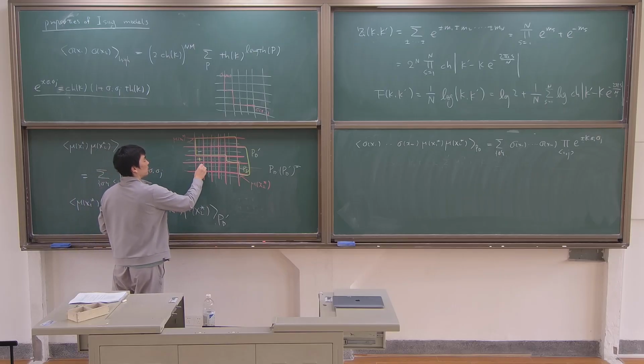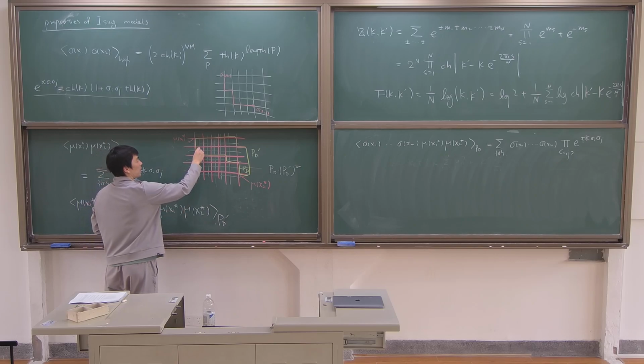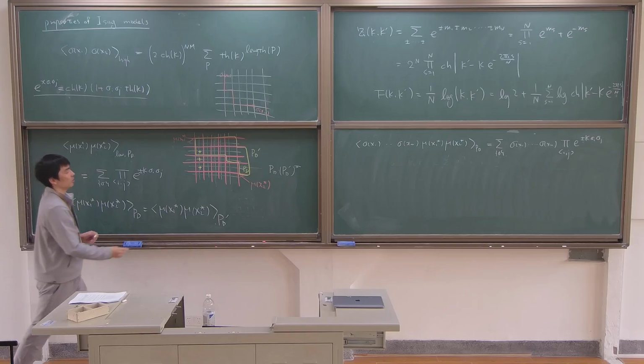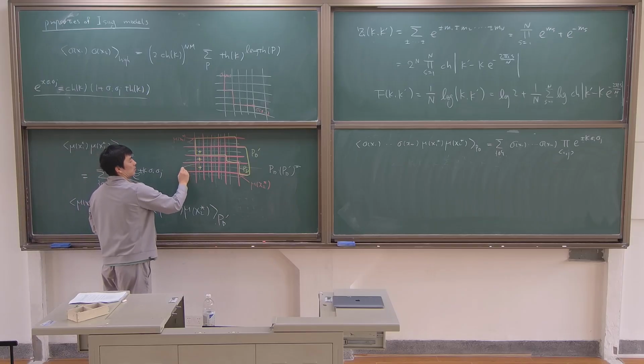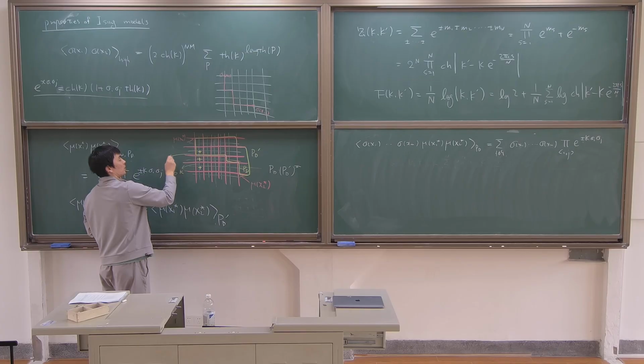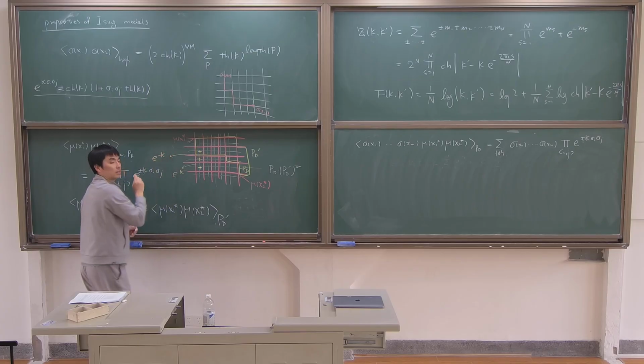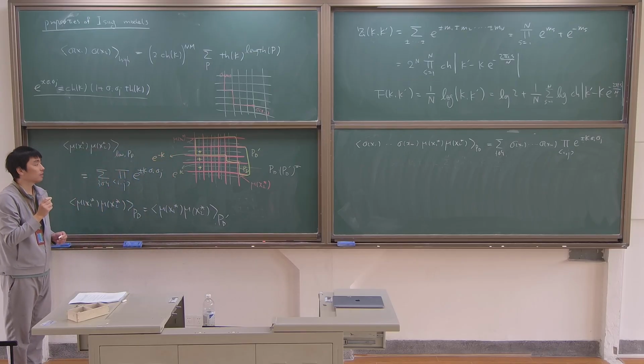Maybe it's better to set it like this way. From here, the Boltzmann weight is e to the K. However, since there's a green line in between, the Boltzmann weight from here is e to the minus K. So that's the rule. Is it okay? Do you understand?